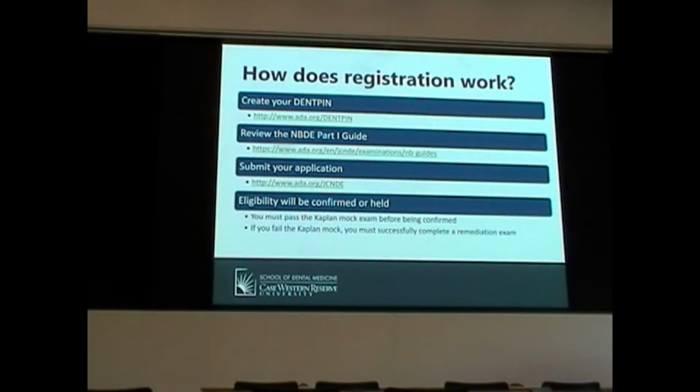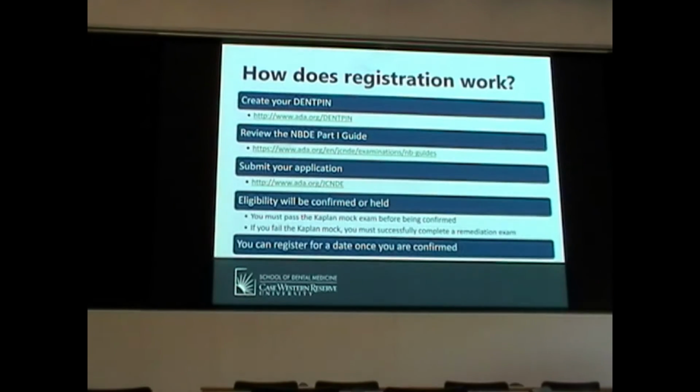The other thing that you need to do is pass the Kaplan mock exam. And if you fail the Kaplan mock, you need to wait and take the next Kaplan mock. Okay? It's not like I failed the Kaplan mock on Friday, so I'm going to take the next one on Monday. It's the same thing as if you fail the boards. You're going to have a time frame in between that you're going to need to wait before you can take that next one.